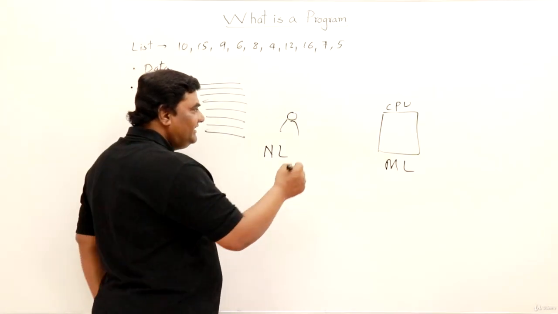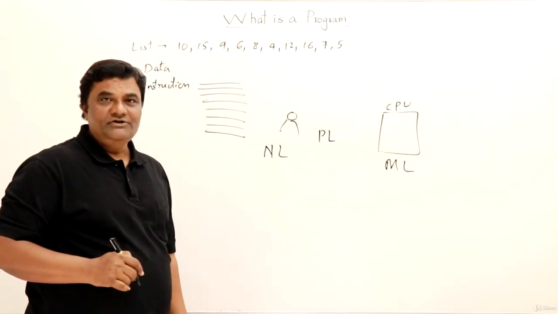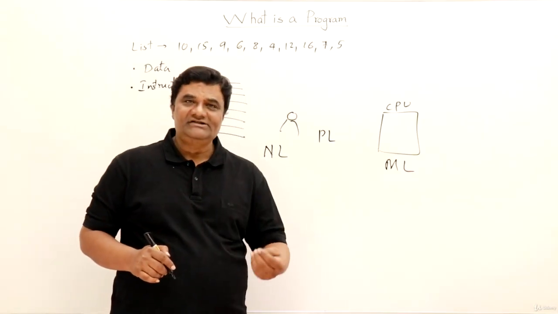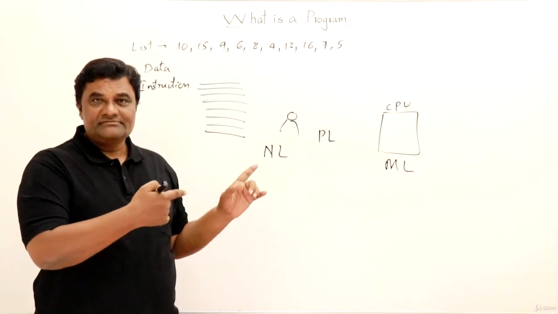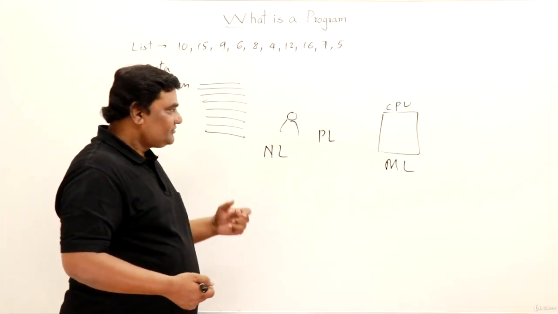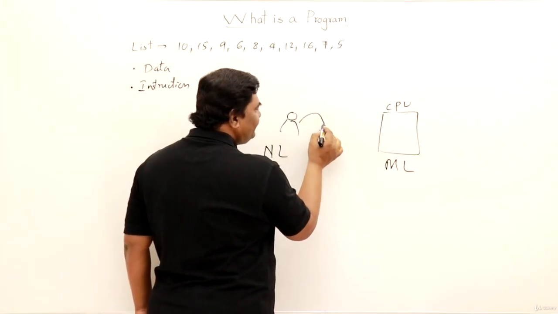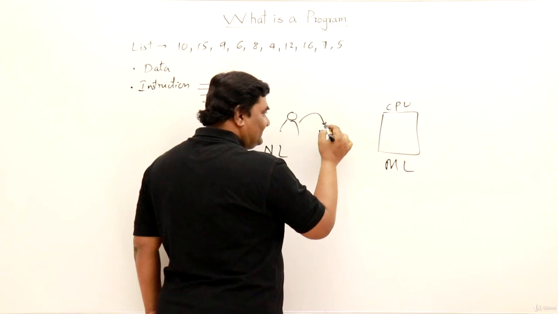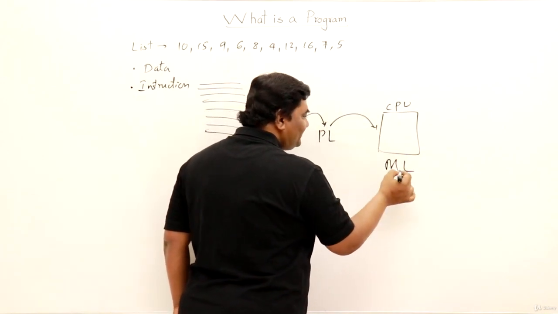That's where programming languages come in. The programming languages that we use, like C, C++, Java, C#, VB, Python, all come under programming languages. We learn a language and whatever our procedures are, we transform them into this form, and these languages help us transform that procedure into machine language.